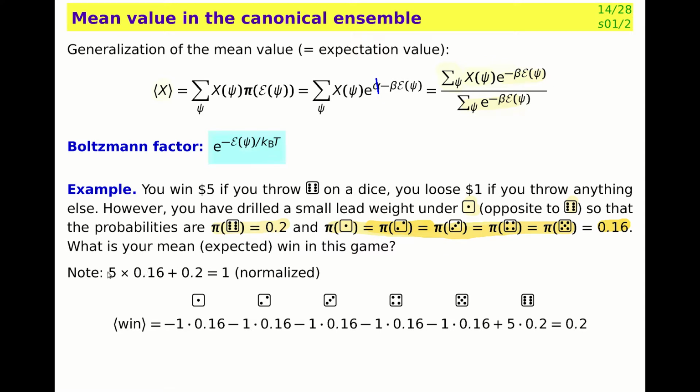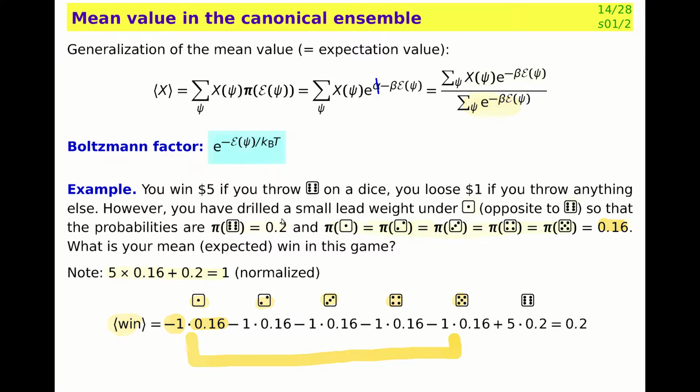Note that these probabilities are normalized, so I don't have to care about the normalizing factor anymore, and let's calculate the average win. So again, I have 6 terms in total here. 5 terms give the same term. It is my loss of $1 times the probability that I lose it, and this repeats 5 times.